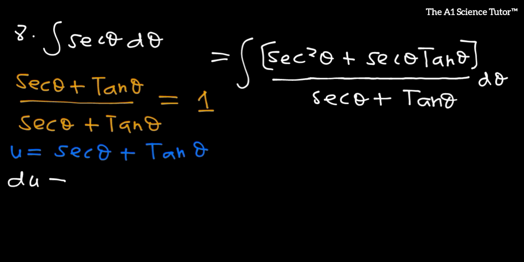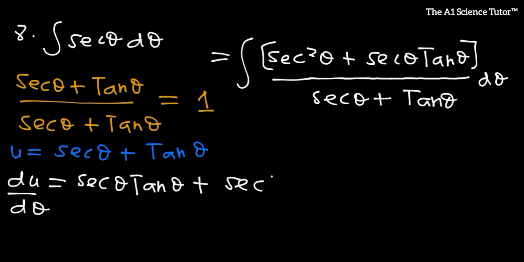So therefore, du will be the derivative of all this, which is c. So that is going to be du d theta. The derivative of secant is actually going to be secant theta tan theta, and the derivative of this is actually going to be secant squared theta, right?